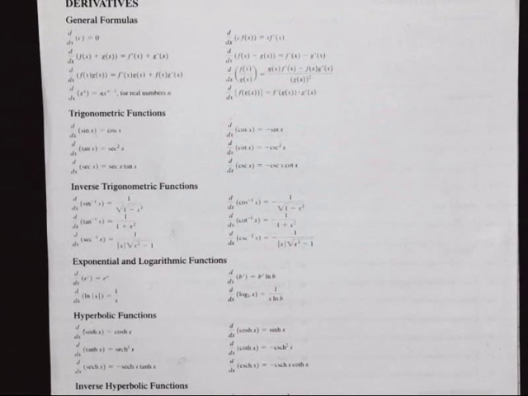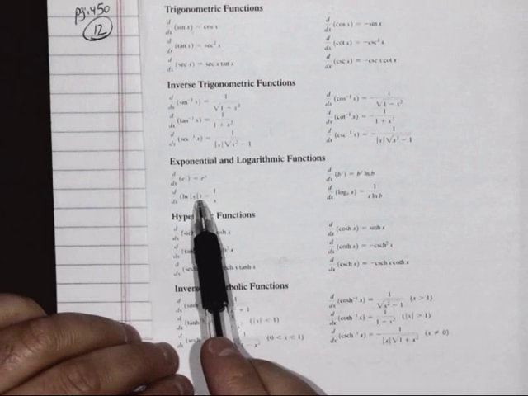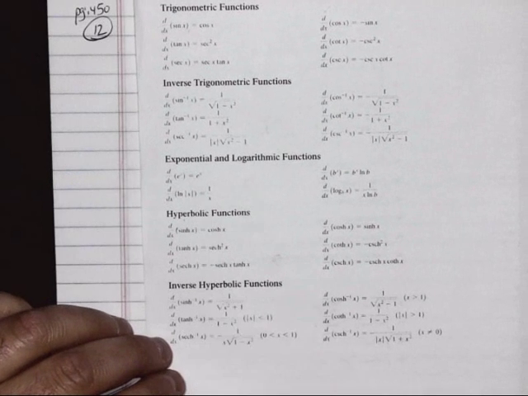We've been in integrals here for a while, so this piece of paper will be helpful to find those derivatives. And so the derivative of ln of x is down here. Okay, so ln of x is 1 over x.